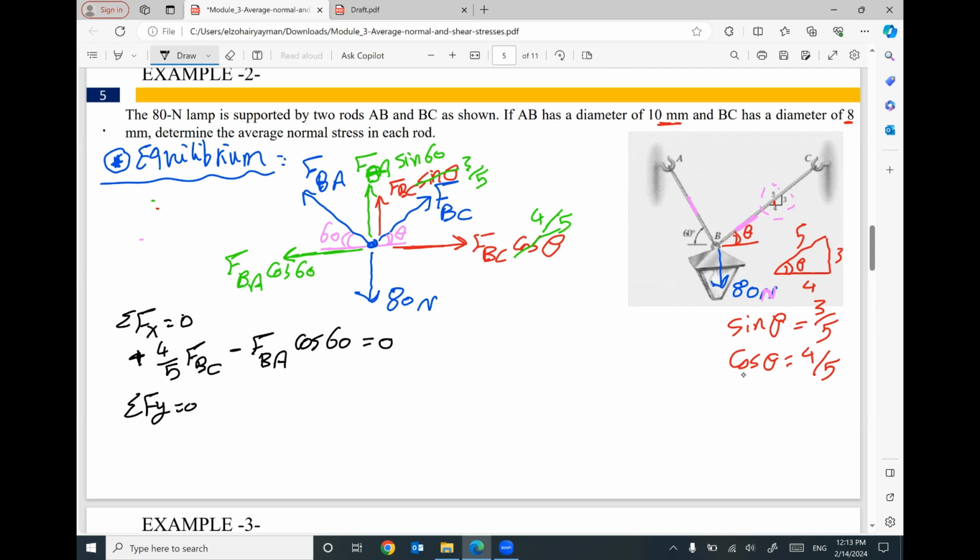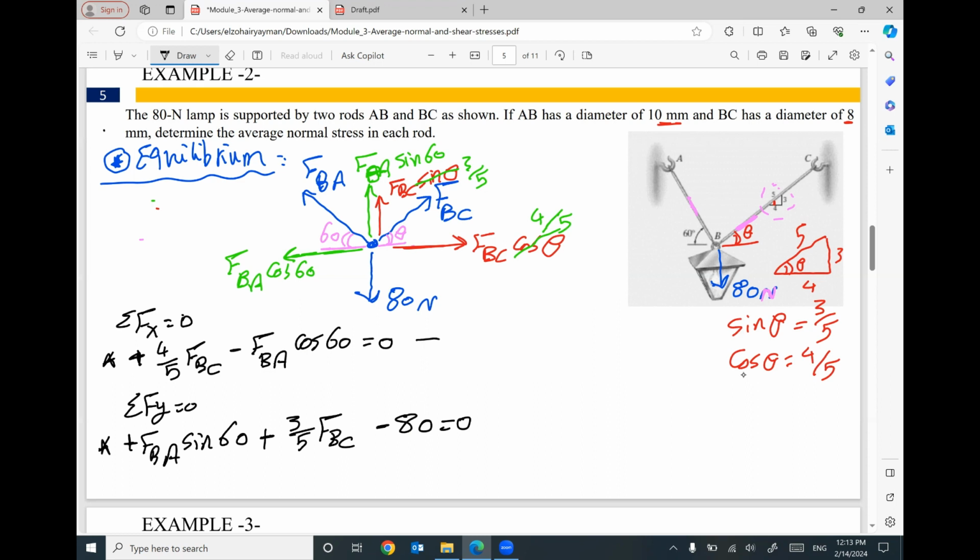In y direction, I have positive FBA sine 60, positive 3/5 FBC, and negative 80 equals 0. I cannot do anything for this equation either because I have two unknowns, FBA and FBC. Then I can solve this equation and this equation together to figure out the unknowns.